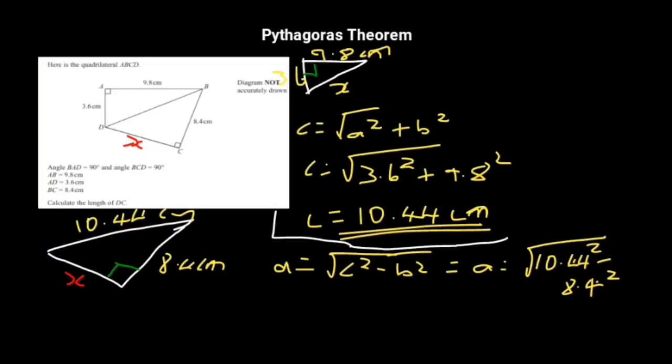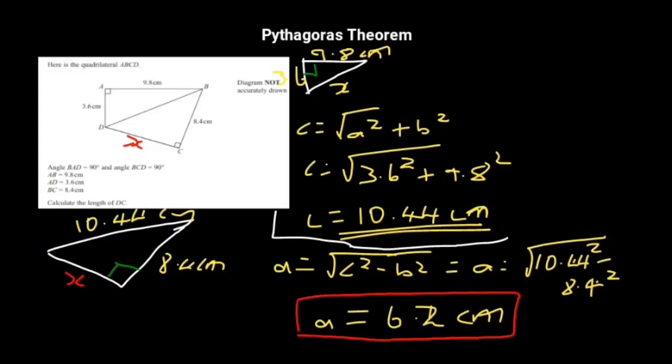Simplifying that, we will have A is equal to 6.2 centimeters. And that is our value for X. So X is equal to 6.2 centimeters. And that is how you solve this question. You just take it one step at a time, solve for the unknowns, and you'll find your value for X.